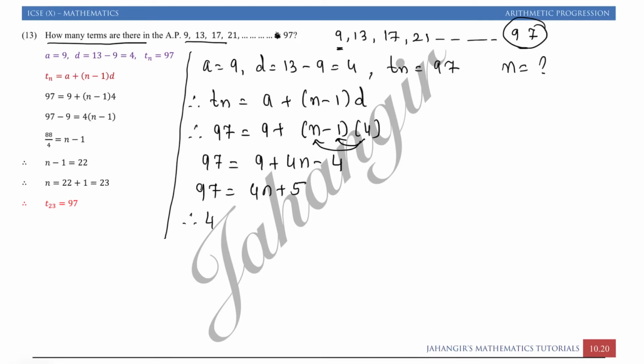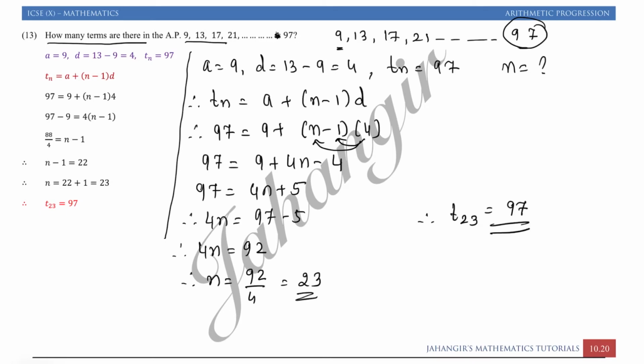So therefore 4n is equal to 97 minus 5, which is 92. Therefore n is equal to 92 upon 4, that is 23. 4 2s are 8, 4 3s are 12. So therefore I can say T23 means 23rd term of this sequence is 97.